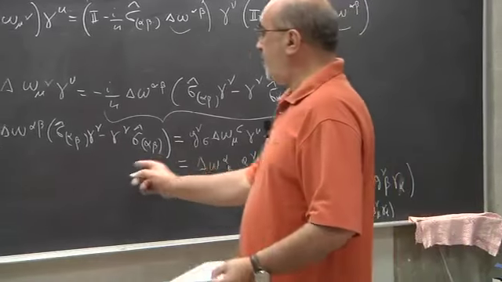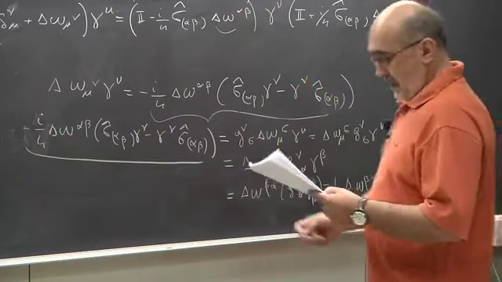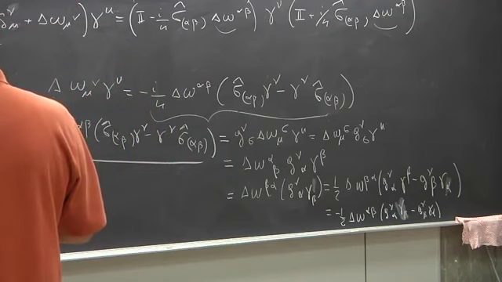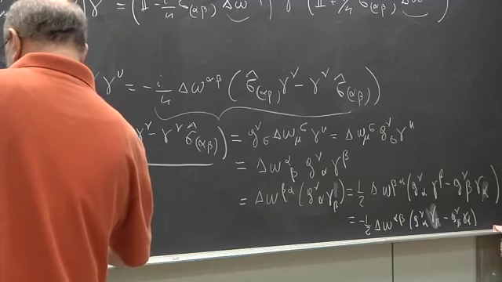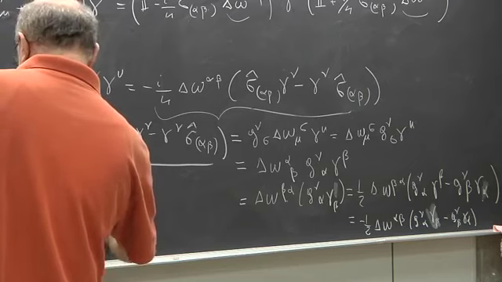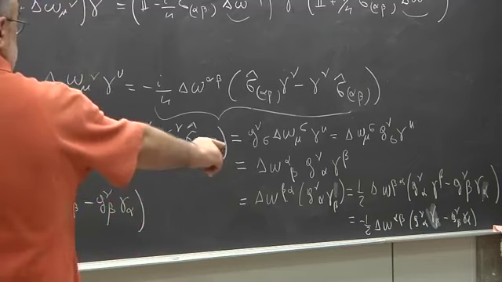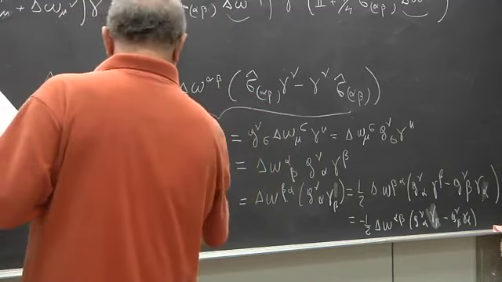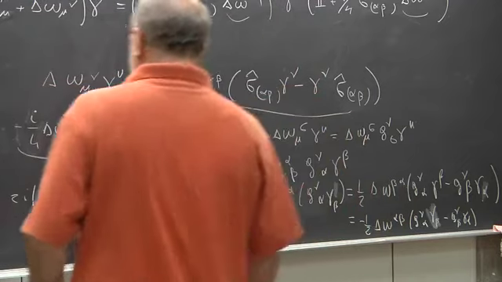So comparing this term with this term, what we get is the following: 2i (g_{nu alpha} gamma_beta minus g_{nu beta} gamma_alpha) is that object where I have brought the i on the other side, and this one is equal. So I have dropped this term.